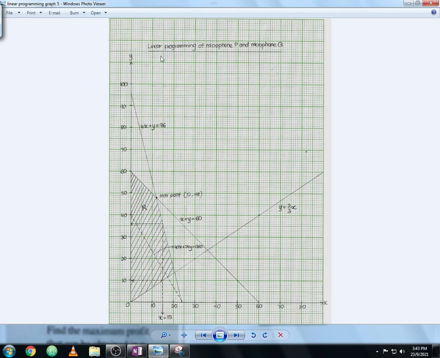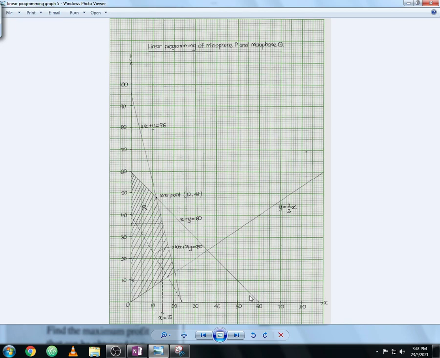As you can see here, this is the title, linear programming of microphone P and microphone Q. And we fulfilled the scale required by the question, which is 2 centimeter to 10 units. That is very important, so make sure you follow the scale. I'm going to show you how I get these 3 straight lines.